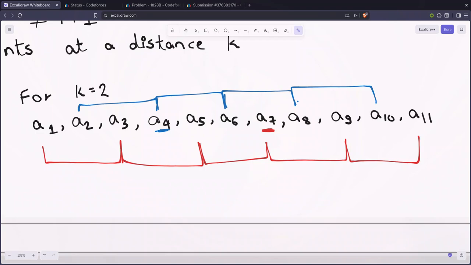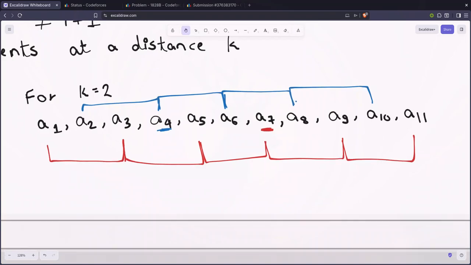So what we can observe is that a particular element can move a distance of k from its initial position, right? It can move a distance of k, and we need to perform such swaps to make the array sorted. That's what the question is.